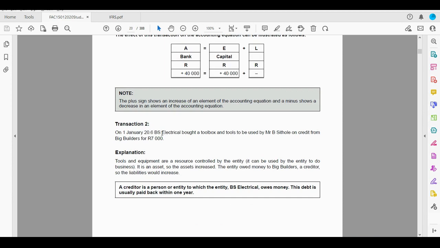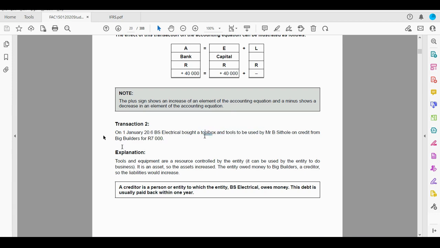On 1 January 2006, BS Electrical bought a toolbox and tools to be used by Mr. Bistole, on credit from Big Builders, for 7,000. On 1 January, they bought a toolbox and tools to be used by Mr. Bistole on credit.